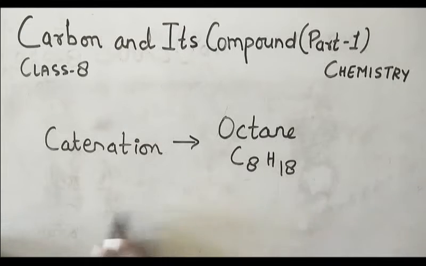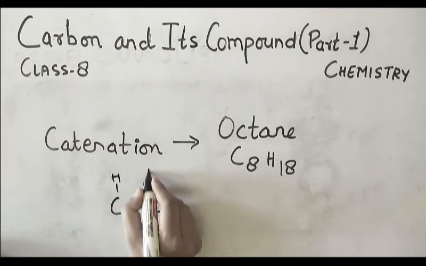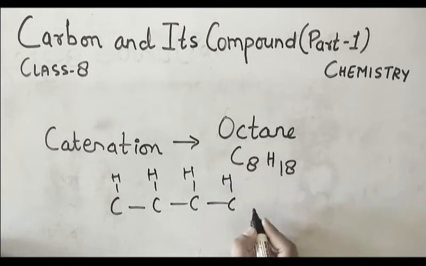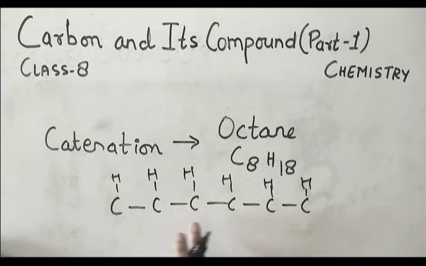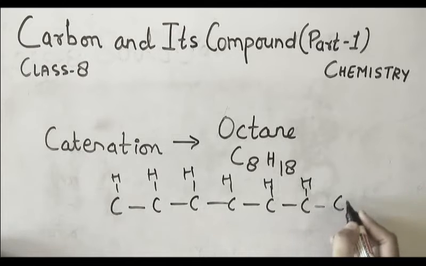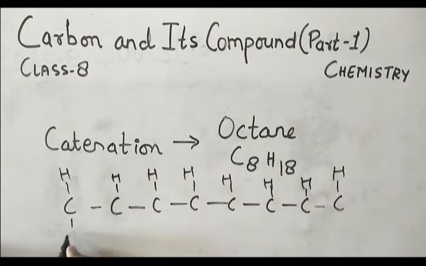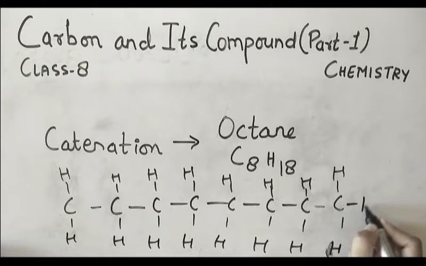Now let us see how carbon will make a chain. That means 8 carbons are there, and with each carbon hydrogen atoms are attached, and they are ready to form the long chains of carbon.